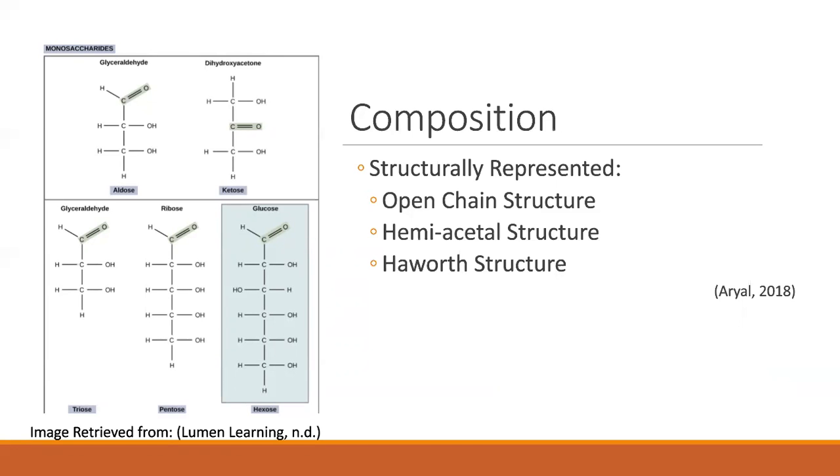The first carbon will be joined with the OH group on the fifth carbon to make the ring. The last way you'll see carbohydrates represented is in the Haworth structure, which is when it is in the presence of a pyranose ring. The picture to the right shows that open chain structure, and for our activity, we'll be working with the ring structures.